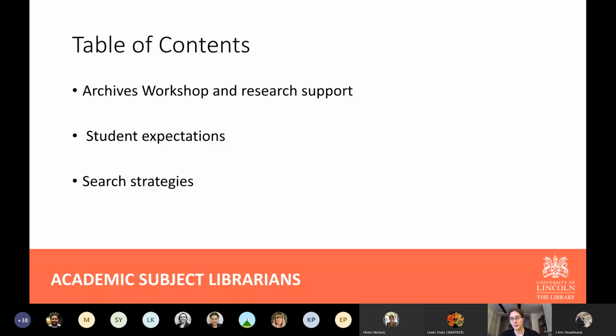And finally, I'm going to talk about some of the things that librarians tend to call search strategies, but some of the ways in which I try to assist students in maximizing their ability to successfully find what they want to find. So if you could go on to the next slide, please.